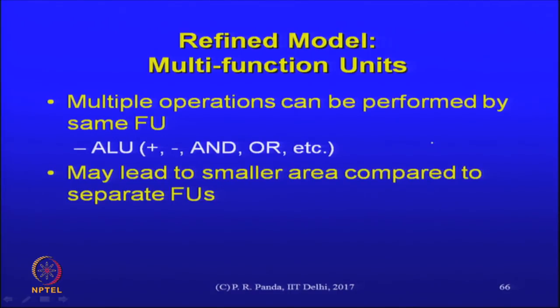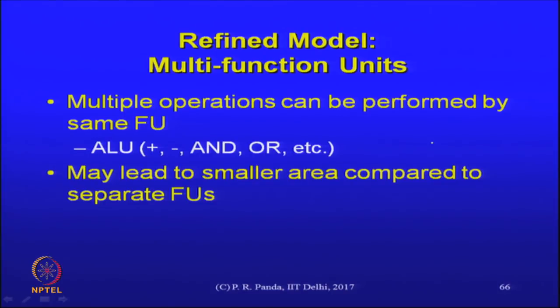That could be the case if you have ALU sort of operations where it is capable of doing plus and minus and logical operations and so on. Why is this interesting? It may lead to overall smaller area compared to if you had individual adders and subtractors and so on. I am just pointing this out; we need not necessarily work out the details of all these generalizations, but you can see that the algorithm does change if you have ALUs.